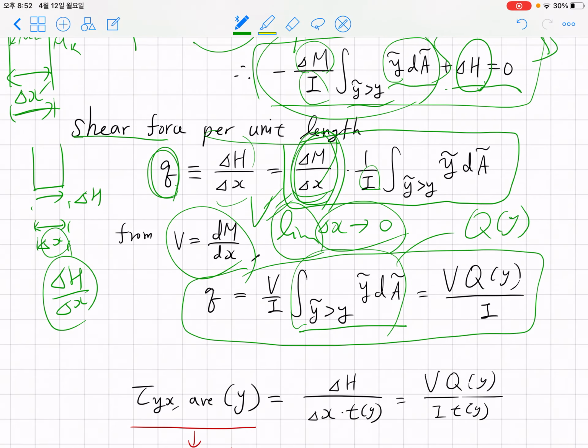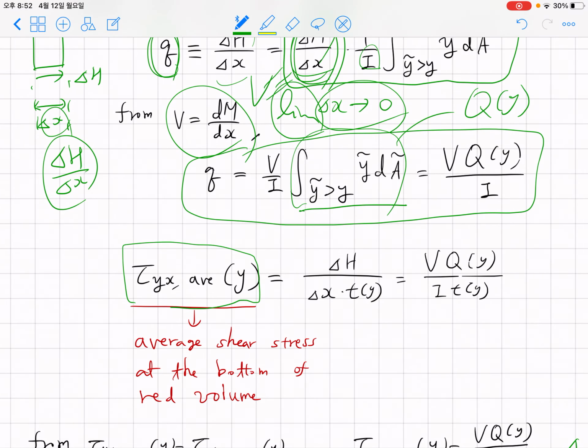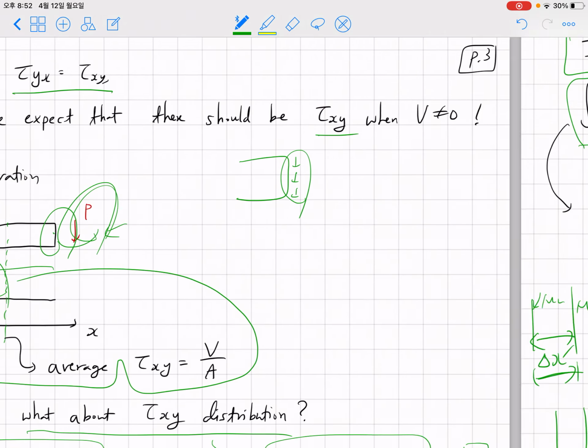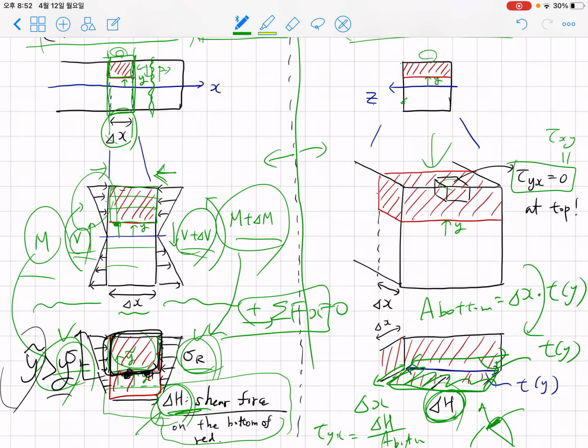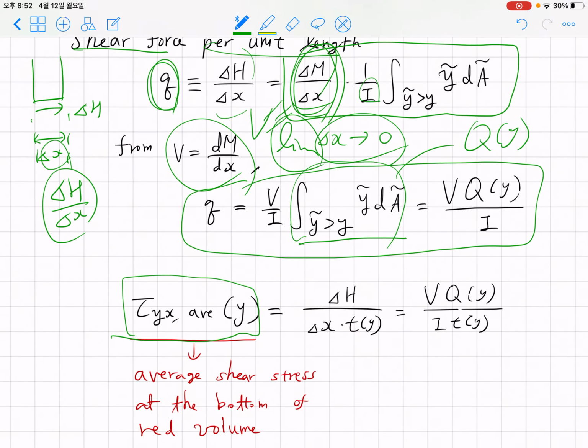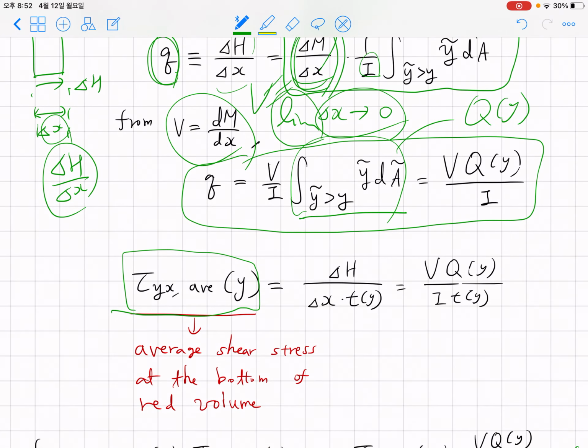Okay, so the tau yx average, because you can think about quite a wide width Ty, and for that case tau yx can be a function of z.